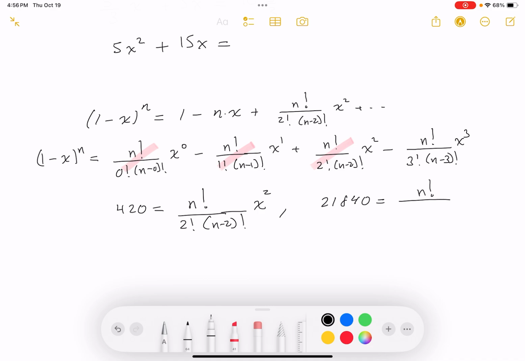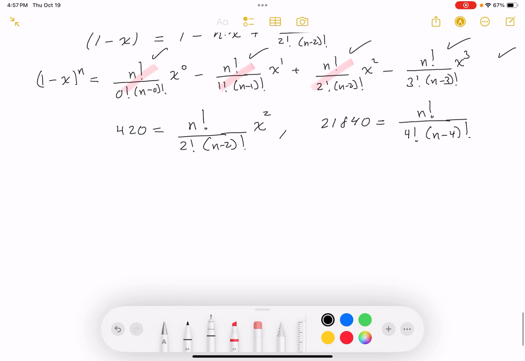So n factorial, and by the way, 1, 2, 3, 4, I can write it down, and that's going to be plus, right? So we get 4 factorial, and then n minus 4 factorial. So I got troubles here, and my troubles is I need to simplify these expressions.